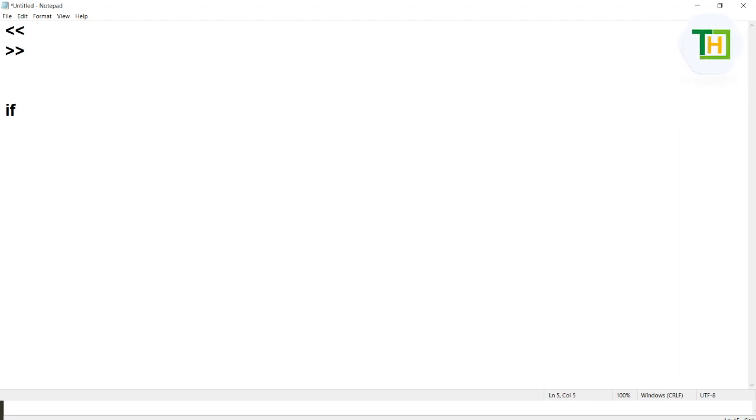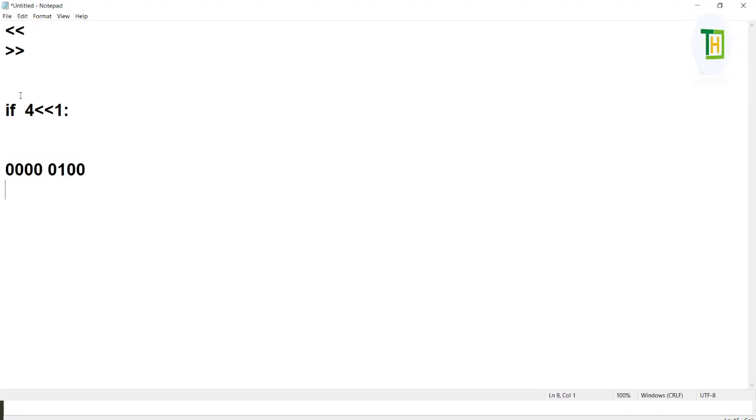If 4 left shift of 1, that means what is 4 in binary here? 1 0 0, right? And I'm going to write it in 8-bit representation. This is 4, but I'm writing it in 8-bit representation.